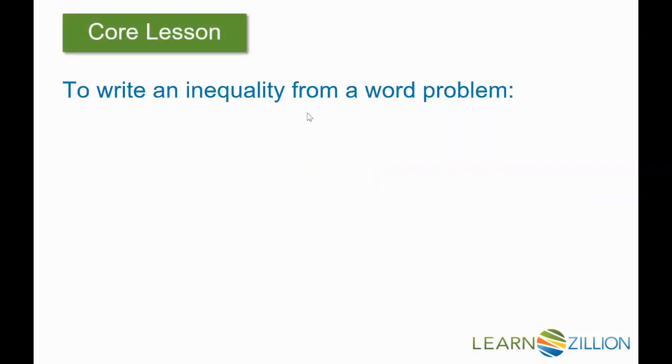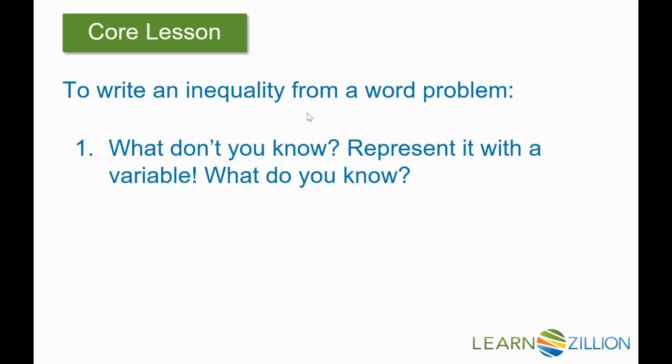here are the steps that we need to follow. To write an inequality from a word problem, we need to figure out what we don't know, and we need to represent it with a variable. And then we need to know what we do know, right? So for this scenario, we don't know how many t-shirts she can buy. We do know the cost of everything, and we do know how much money she has to spend.